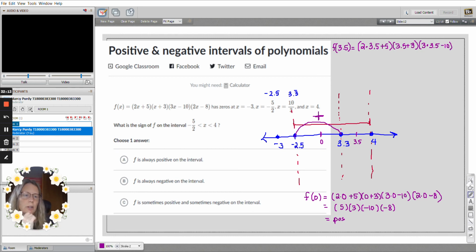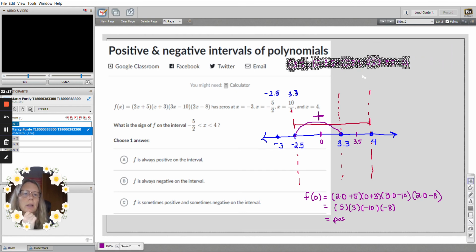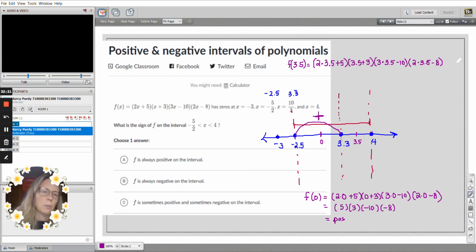Oh, we're really running out of room here. Hang on, guys. Let me move this over. And then 2 times 3.5 minus 8.